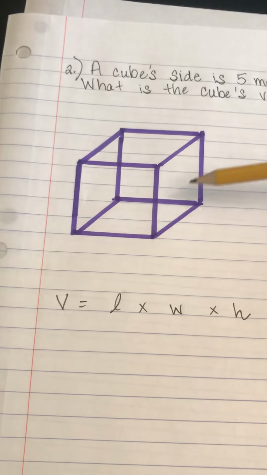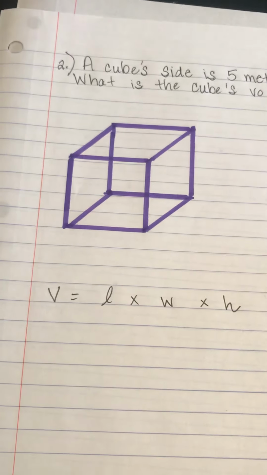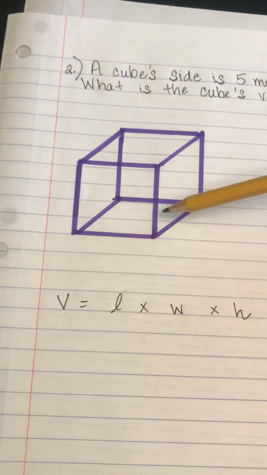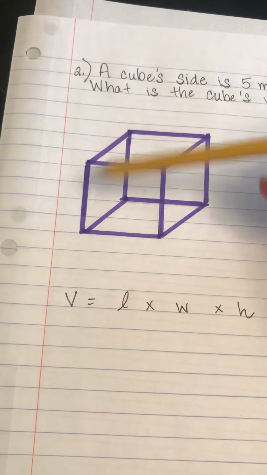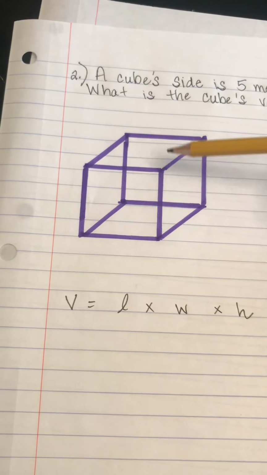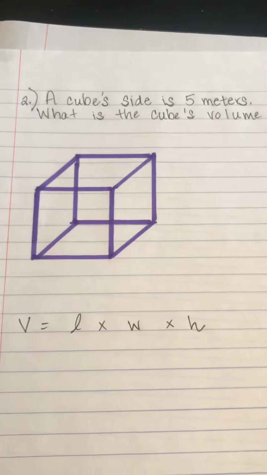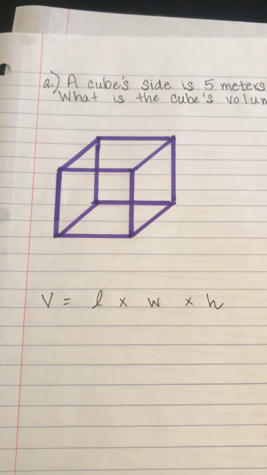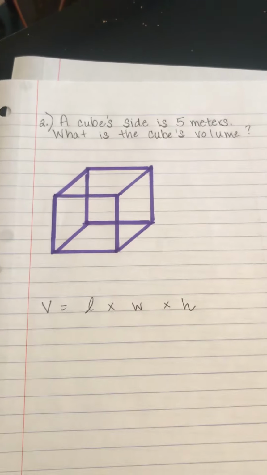They're all squares, and they're all exactly the same square. This square is the same as the square in the back, the same as the top and the base. So if you know one side, guess what? You know all sides. That's the fun thing about cubes.